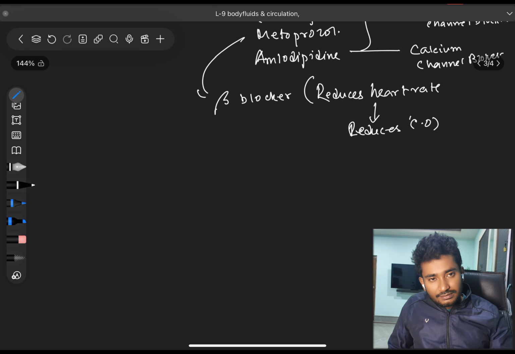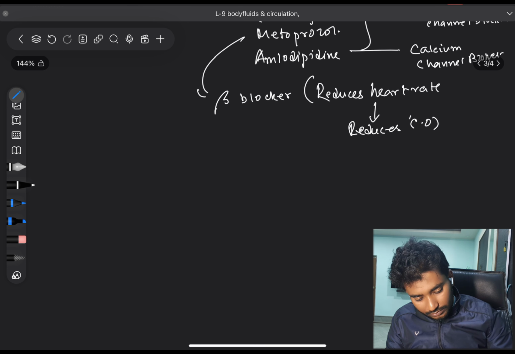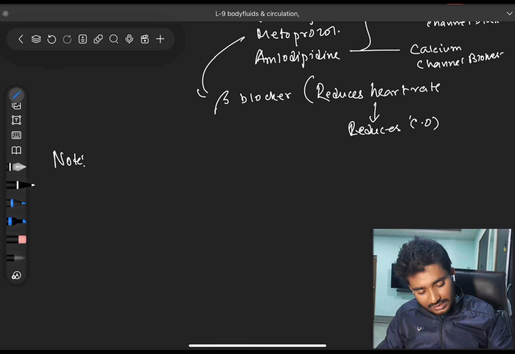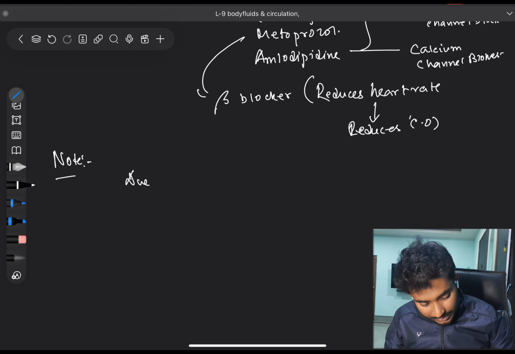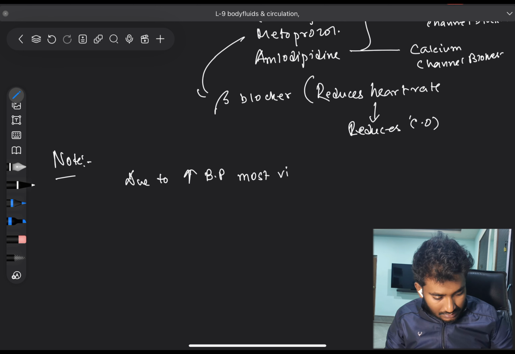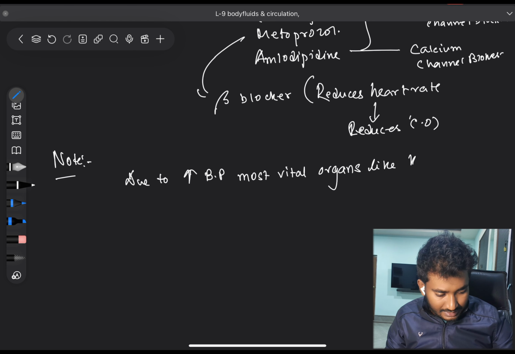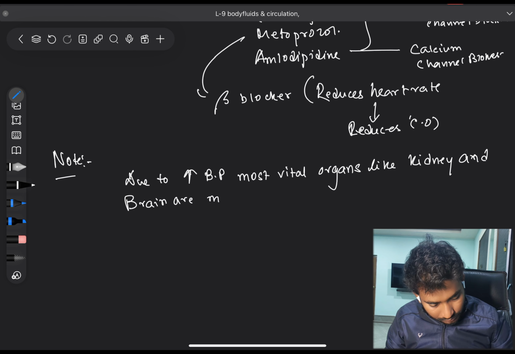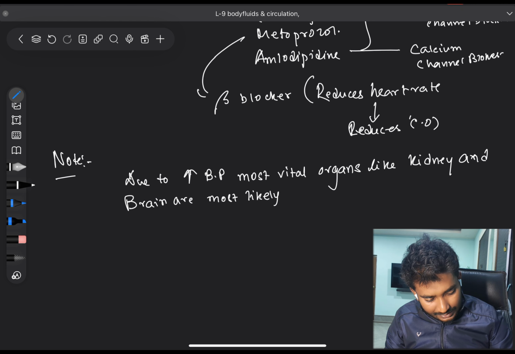Now come to the next part. Take it as a note. Due to high BP, most vital organs like the kidney and the brain are most likely to be affected.